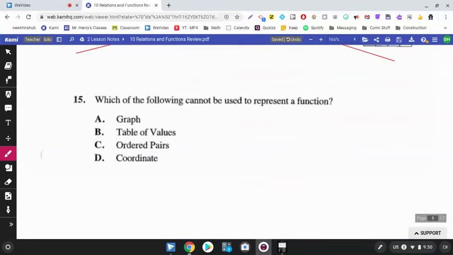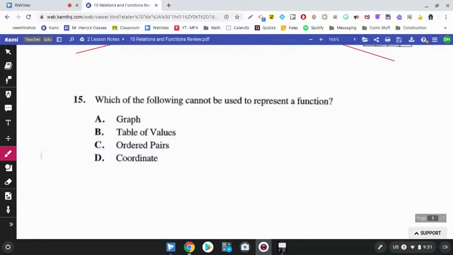Which of the following cannot be used to represent a function? A graph. Okay, that's one option. Table of values, ordered pairs, or a coordinate.